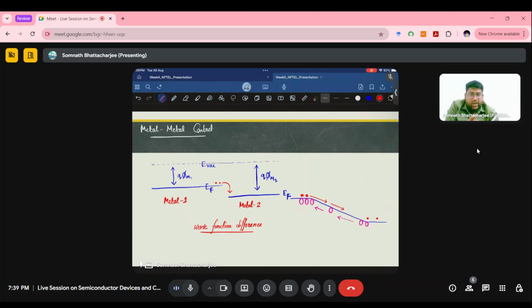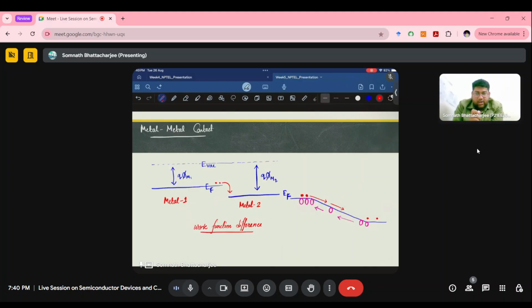In general, for device fabrication, we try to get the work functions very near to each other. So if we are using a semiconductor with a metal in realistic cases where we are fabricating the device, we check the metal work function against the semiconductor band gap, and based on that we check if those are in the nearby region, and then we can fabricate the devices. We tend to avoid this kind of work function mismatch.